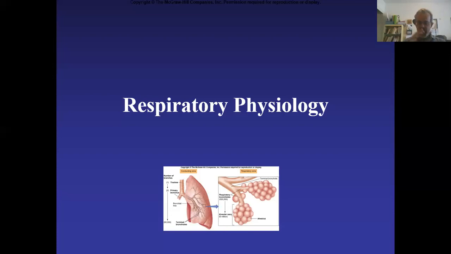So we're going to talk about this very strong correlation between those two systems. This particular lecture is going to be more focused on anatomy, structures, some functional features of different parts of the respiratory tract. And then on Tuesday, we'll focus more on some of the mechanics, the mechanism of breathing.